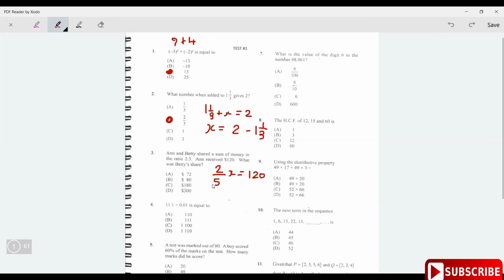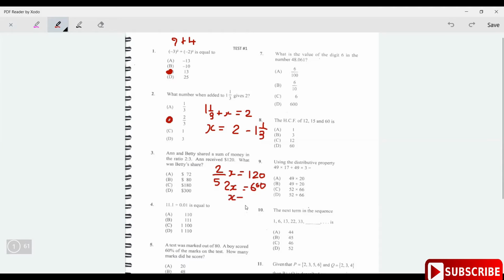So solving for x, we would cross multiply and get 2x is equal to 5 times 120. 5 times 0 is 0, 5 times 2 is 10, carry 1, so 5 times 120 is 600, and so that means x equals 300.